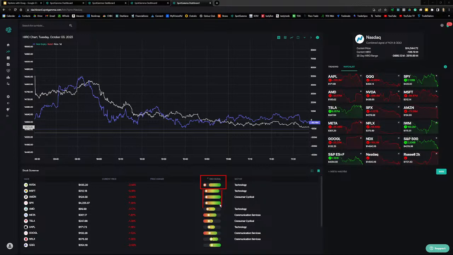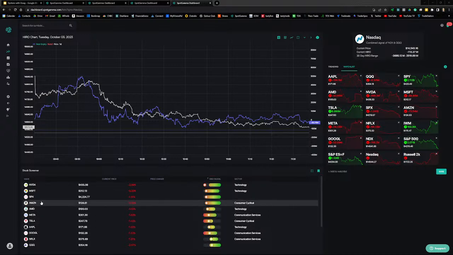The location of the dot within that range is showing the strength, first of all, compared to the last 30 days. So this is showing for NVIDIA, the current signal is the weakest that it has been in the last 30 days. It's shown by the dot. Then the colored portion is comparing the current Hero signal to the last 5 days. So for NVIDIA, the Hero signal is as weak as it has been in the last 30 days, and weaker than it has been in the last 5 days.